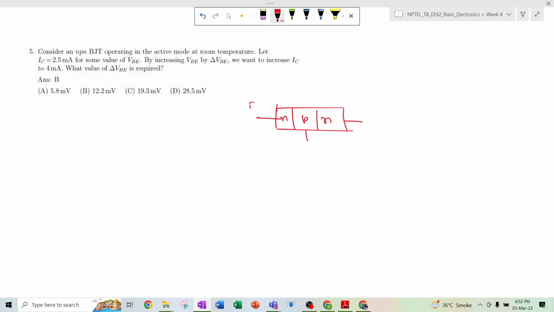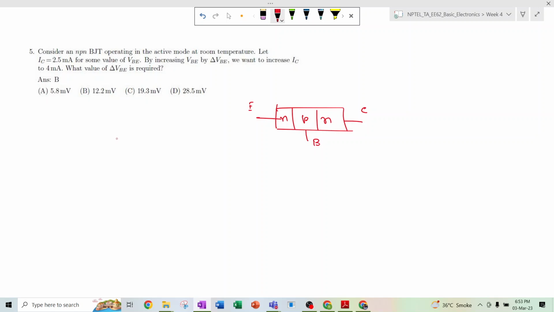So this is the emitter, base and collector. So let IC is 2.5 milliampere for some value of VB, by increasing VB by delta VB.